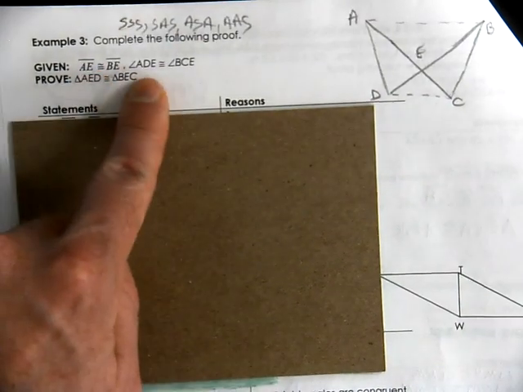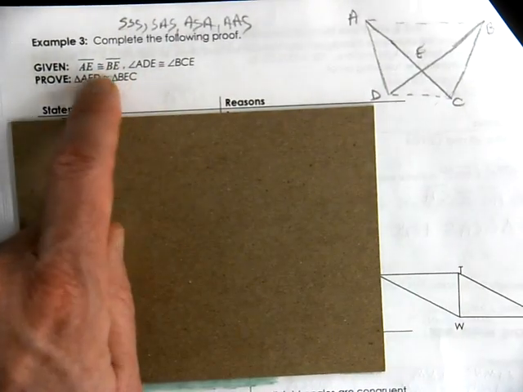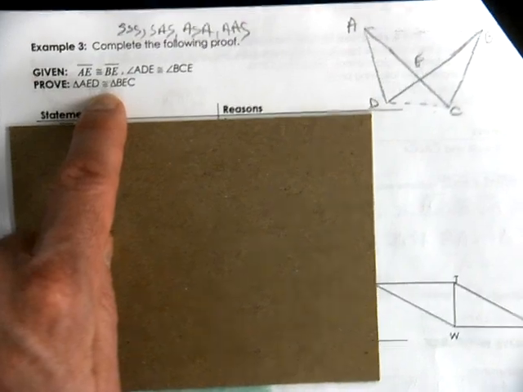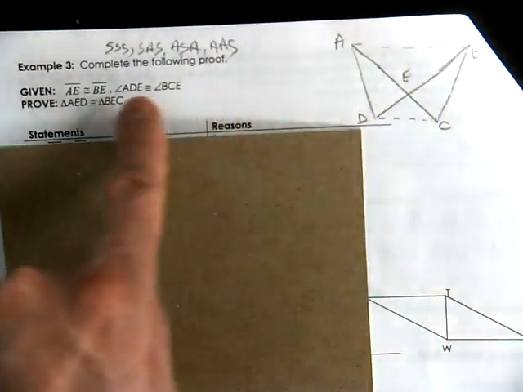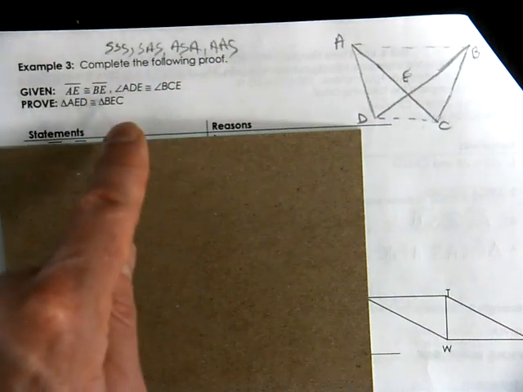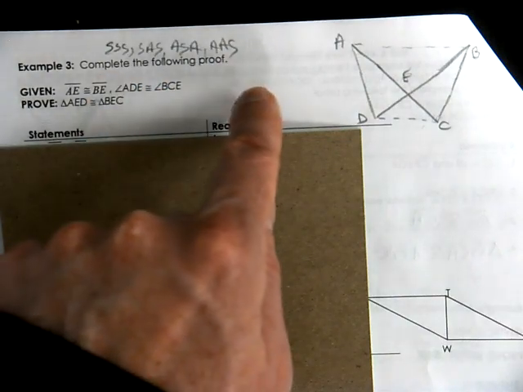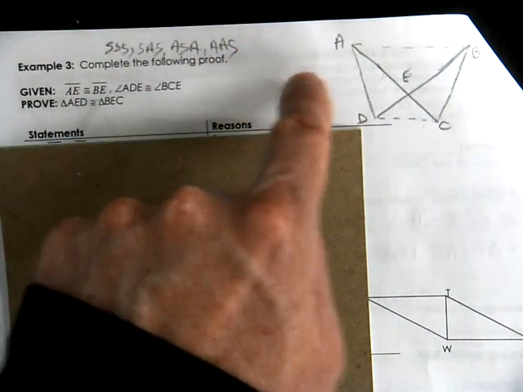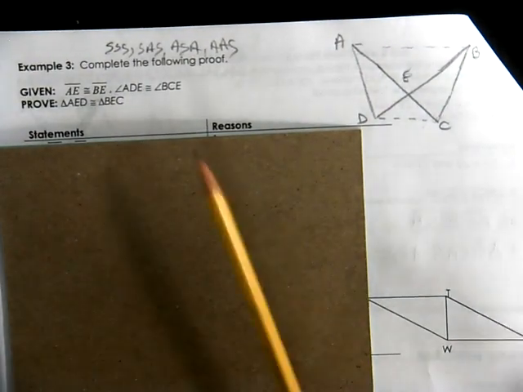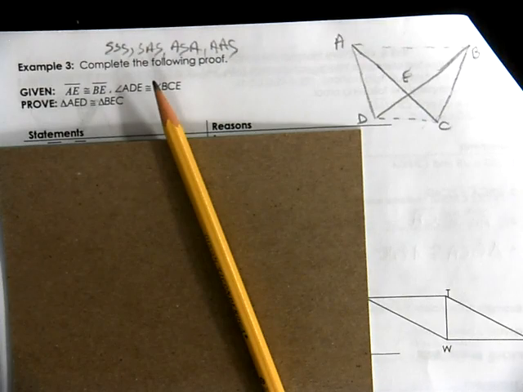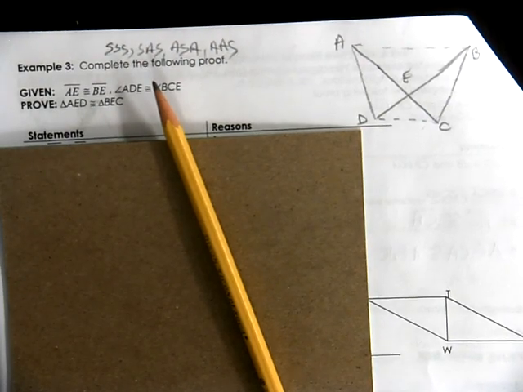Use the given information to prove these triangles congruent. Just come up with the method. Mark your figure with all the appropriate markings, and then give the reason, one of these four, for what is the correct way to prove the triangle is congruent. Pause the video and work through that.